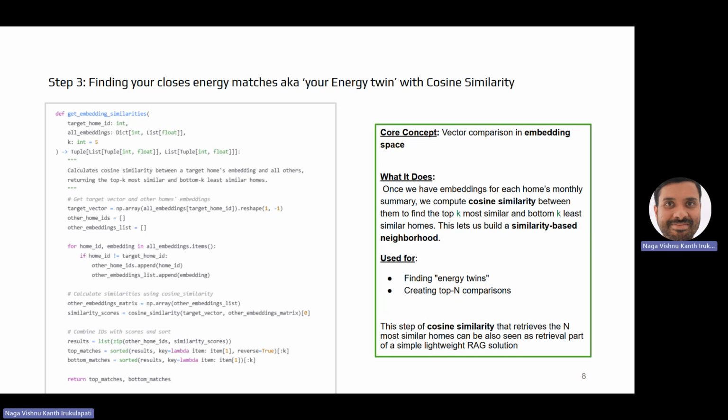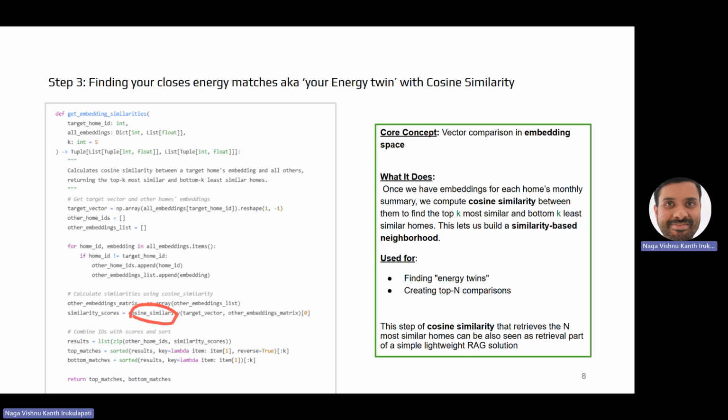Now this is the third step. The input from the previous step now gets into this step here, and here the magic of cosine similarity comes in. Cosine similarity finds the mathematical closeness between the embeddings that we have created in the previous step to identify your true energy twins based on comprehensive usage patterns rather than just simple filtering.